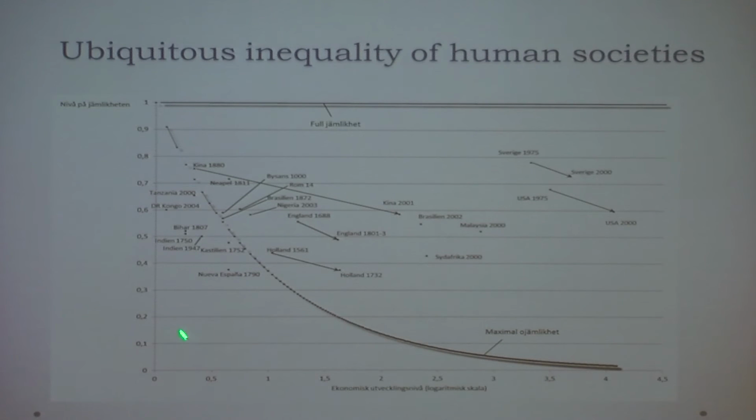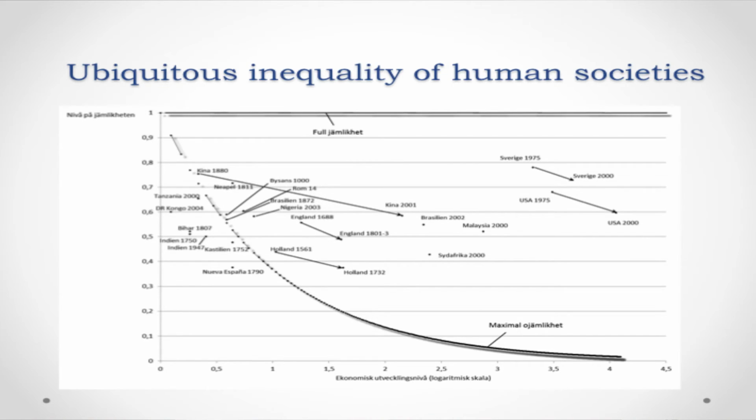And on the vertical axis, you have a measure of inequality, or rather equality in society. Economists and sociologists normally use something called the Gini index, or the Gini coefficient, to measure the level of inequality. And the Gini coefficient is a number between 0 and 1, where 0 means full equality and 1 means that one person owns everything in a society.